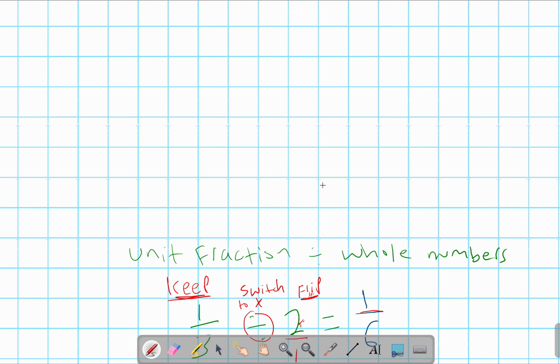Okay, so how about whole numbers divided by unit fractions? Whole numbers divided by unit fractions.